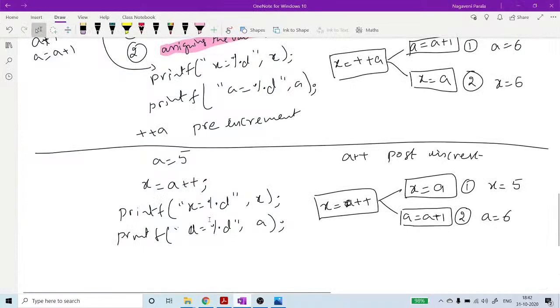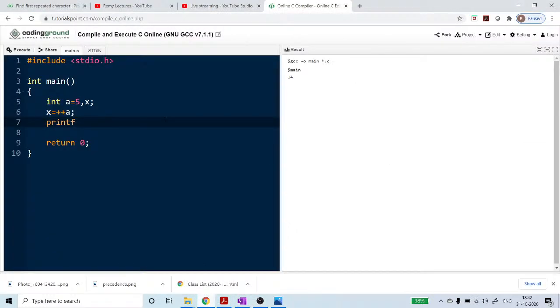So here x value, then we are printing a value. See here, I'll write printf. How to print the value of x? Just simply we can write double quotes percentile D, comma, and I'm printing the value of x, but I want to show you this is x value.